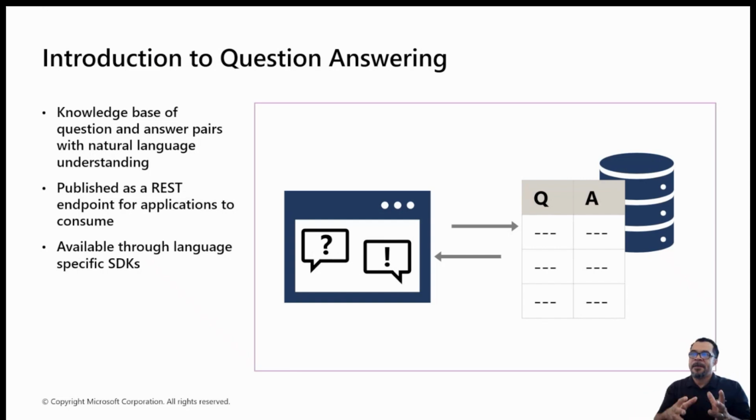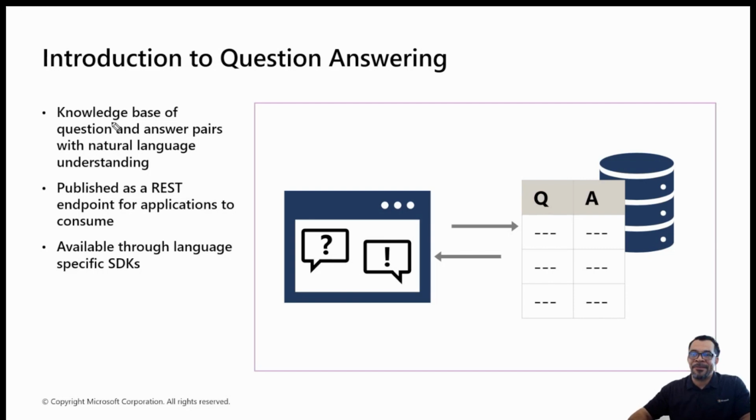Now, typically, the question and answer solution isn't used as a standalone product. We normally design it with chatbots, which we'll talk about later on in this section. But Q&A is the underlying core component that you need to get this started. With question and answering, we have a knowledge base of question and answer pairs with natural language understanding.